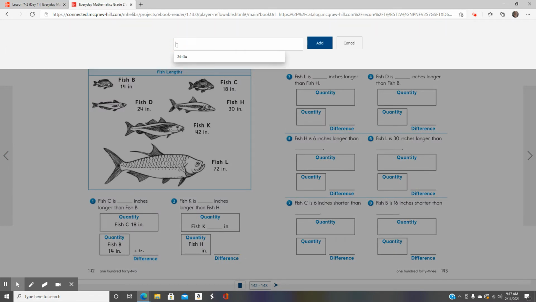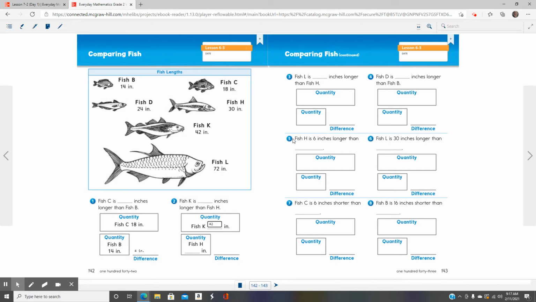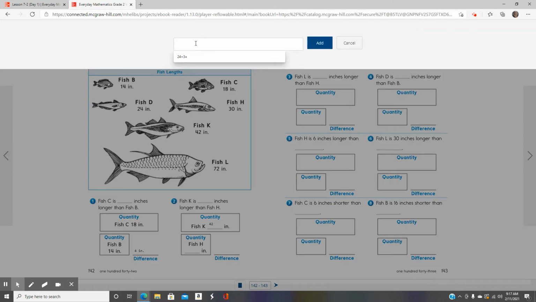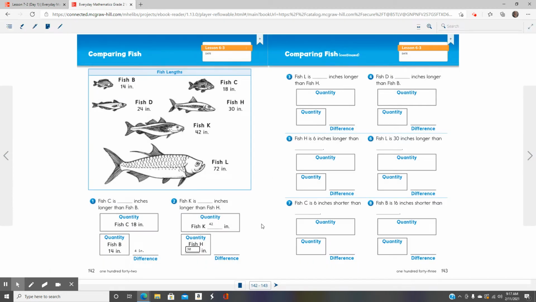So we're going to put 42 in that space. Fish H is smaller, so he's in the smaller quantity or amount box. Fish H is 30 inches long, so we're going to put 30 here. 30 is less than 42, so it goes in the smaller quantity box. There we go.